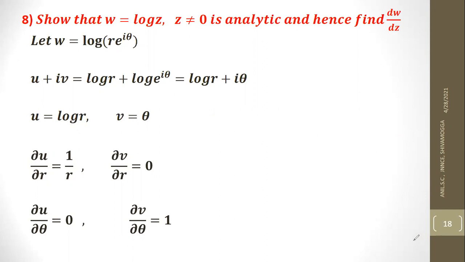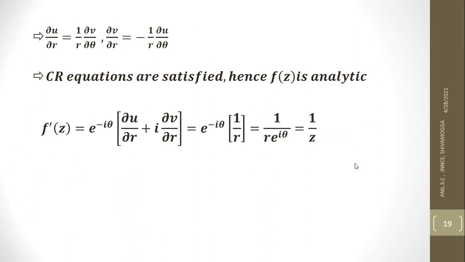Next, we find the derivative. The derivative f dash z in polar form is equal to e power minus i theta into del u by del r plus i into del v by del r. This is from equation number 2 of the CR equation direction.